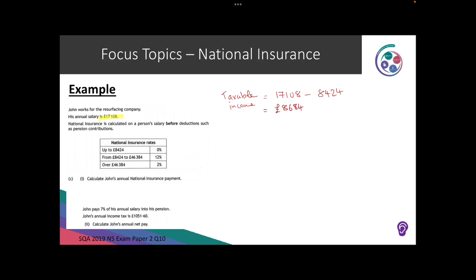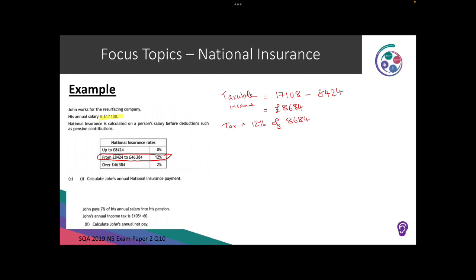Now, because his annual salary is £17,108, that falls in this tax bracket here for his national insurance. It means he's only going to pay 12% on those earnings above that 8,424. So we need to work out 12% of 8684.